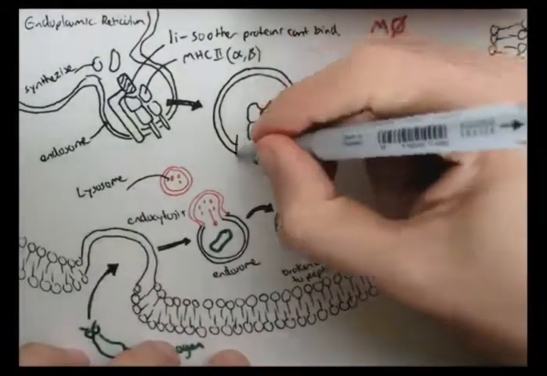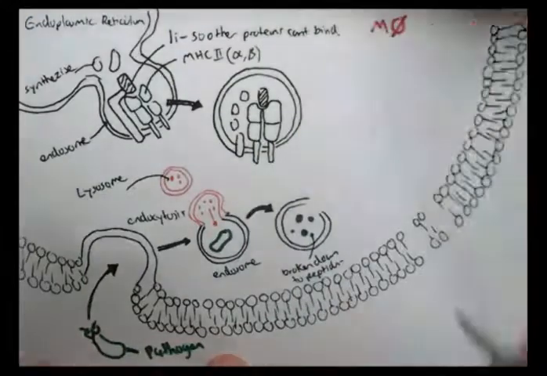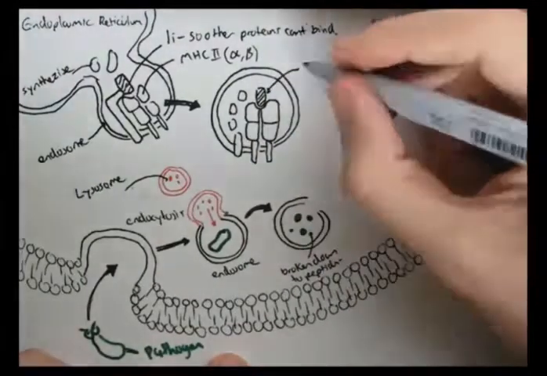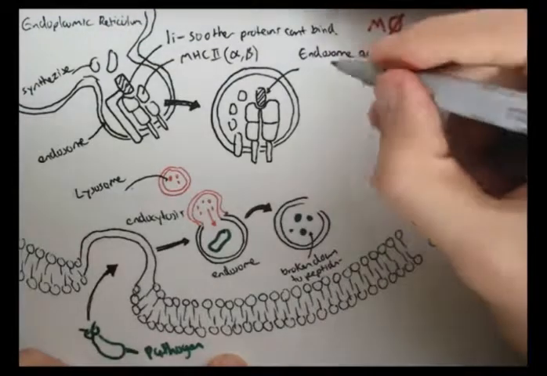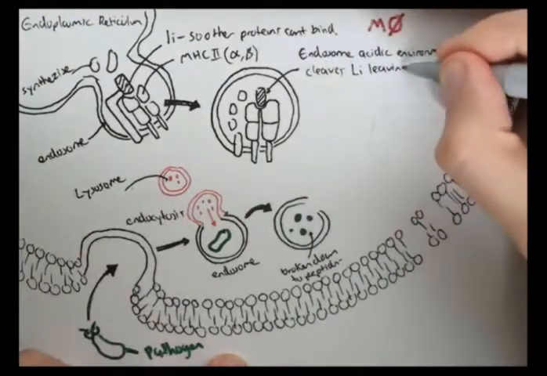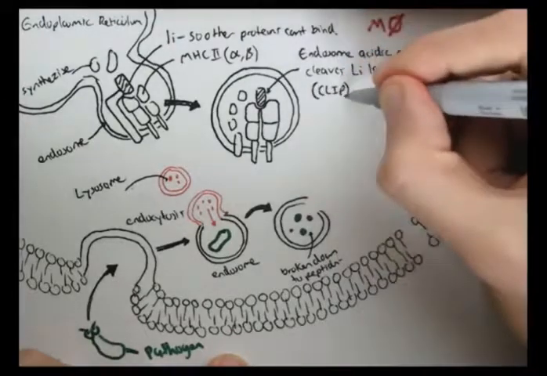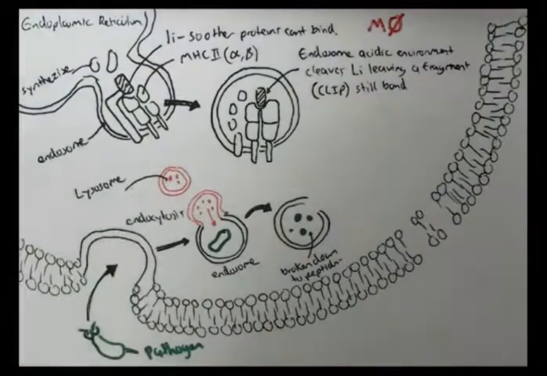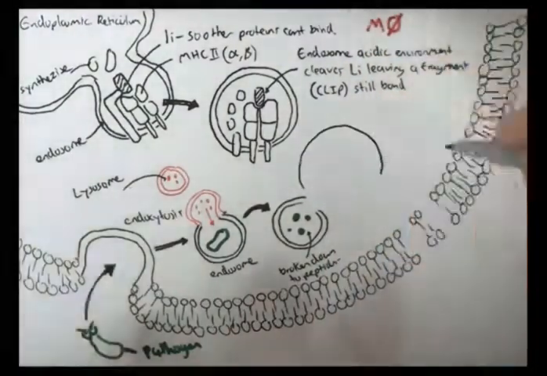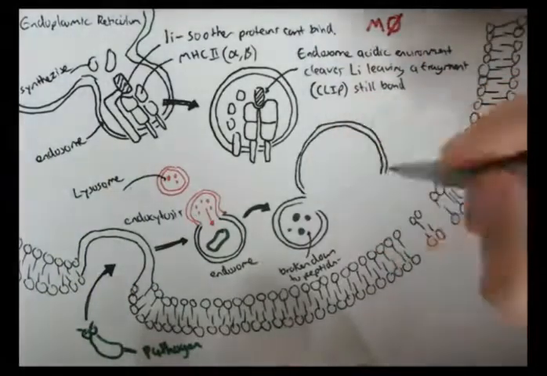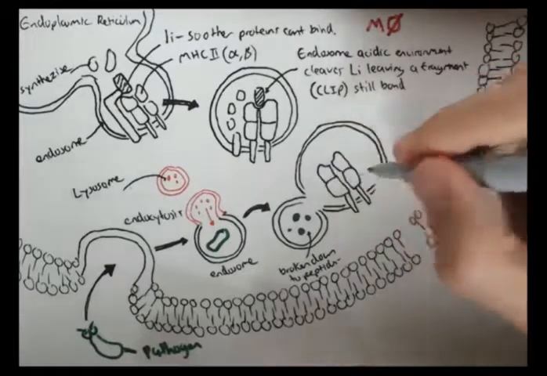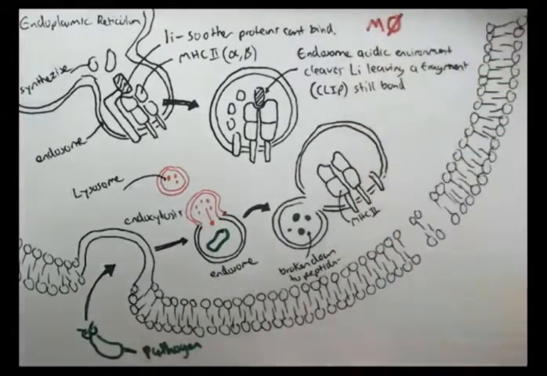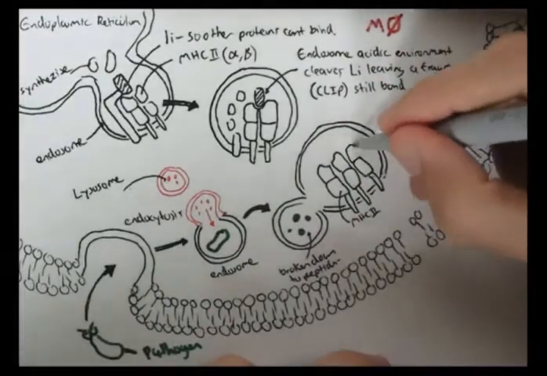And because of the endosome's acidic environment, the Li protein breaks down, leaving behind a fragment called CLIP, still bound to the MHC2 cleft, the binding site. Then with CLIP still bound to the cleft of the MHC class 2 molecule, another protein called HLA-DM binds to MHC class 2, finally enabling CLIP to be released.